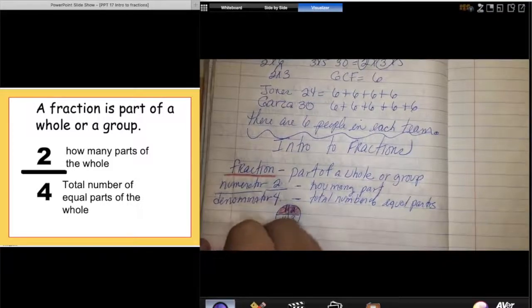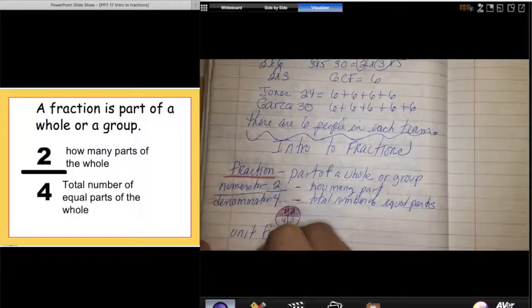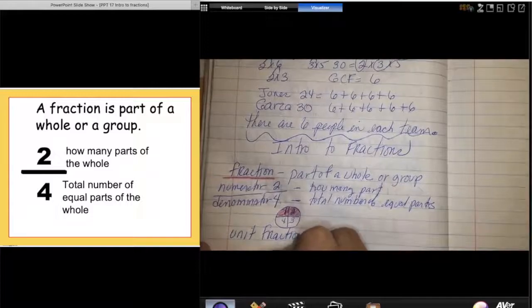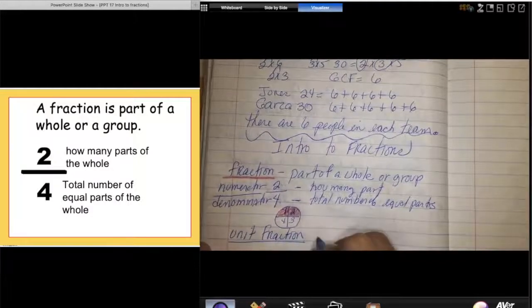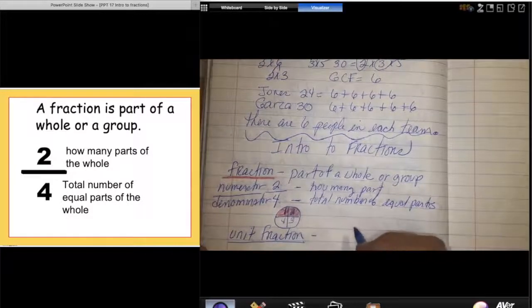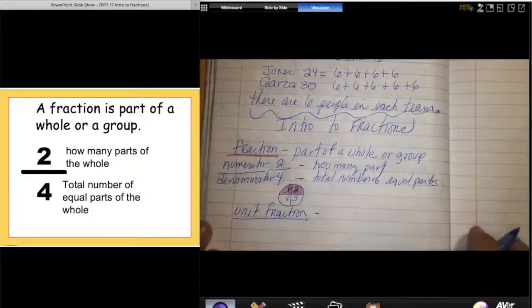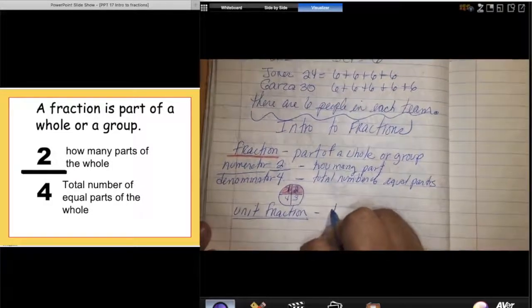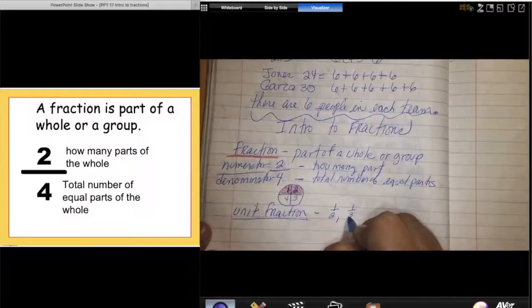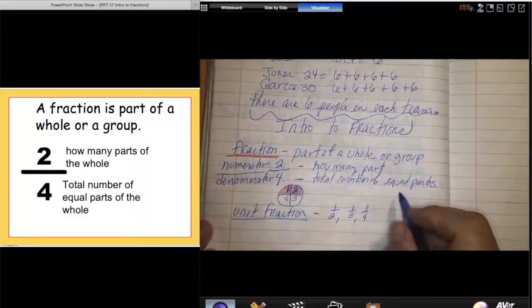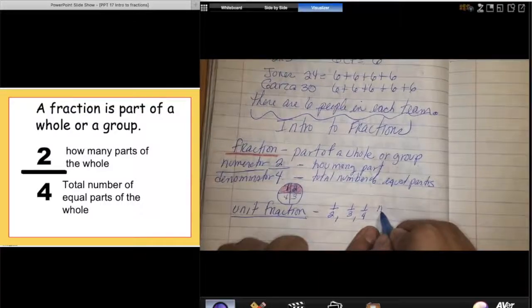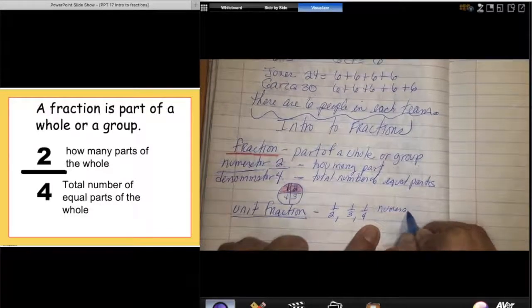Let's look at a unit fraction. A unit fraction is a fraction whose numerator is 1. 1/2, 1/3, 1/4, and so on. And so the numerator is 1.